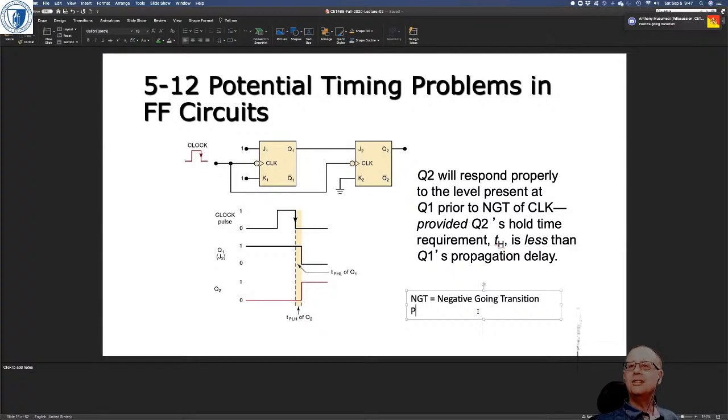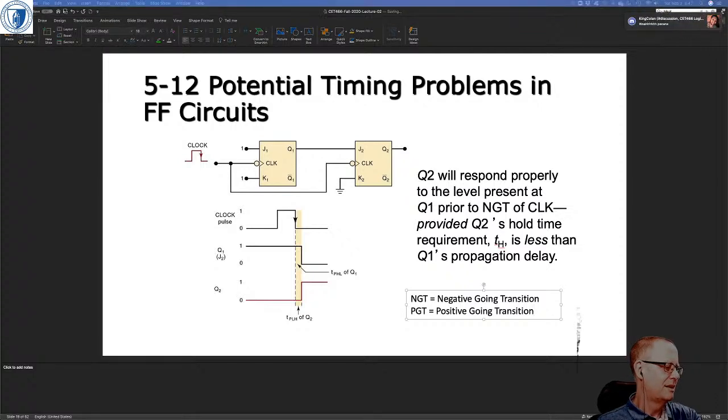Yeah, so PGT is positive going transition. And I really should set my phone, I'm just going to turn on my do not disturb. There it is.